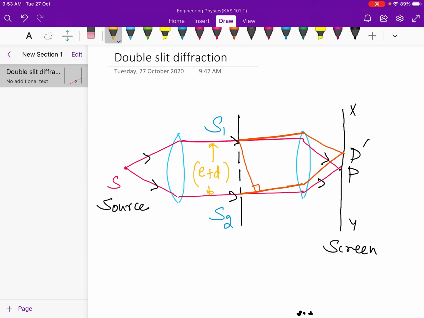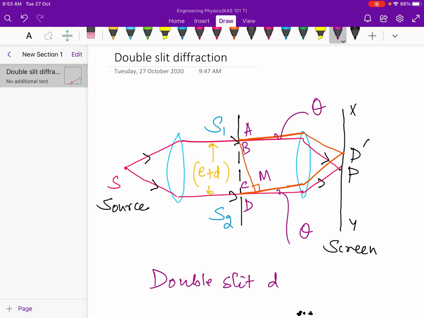Let us give the names A, B, M, C, this is your D. This angle is theta, this angle is also theta. So this is double slit diffraction.